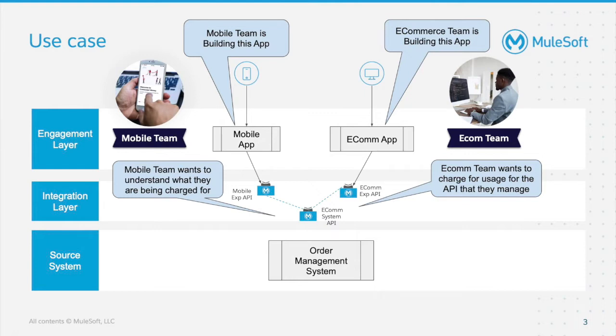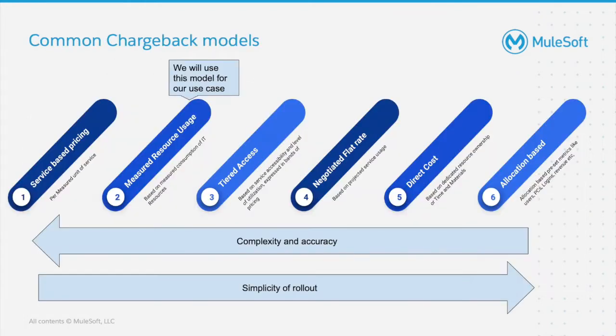They are the exclusive users of the experience API, but they are interested in opening up the system API to help distribute the cost that they incur to host the application and bring down the cost per request a bit. So you can see in the visual, the mobile team wants to understand what they are being charged for, and so does the e-commerce team, for a common system API.